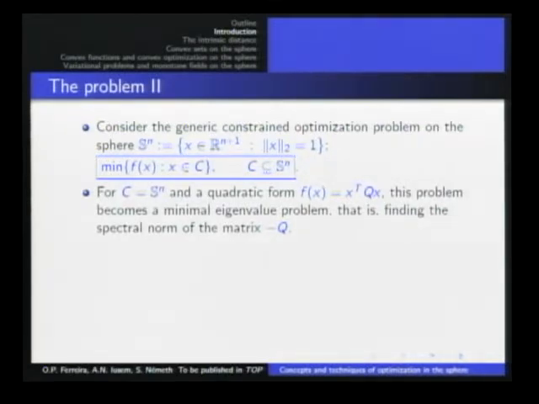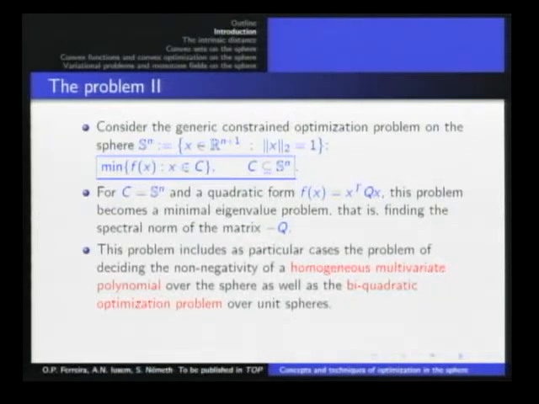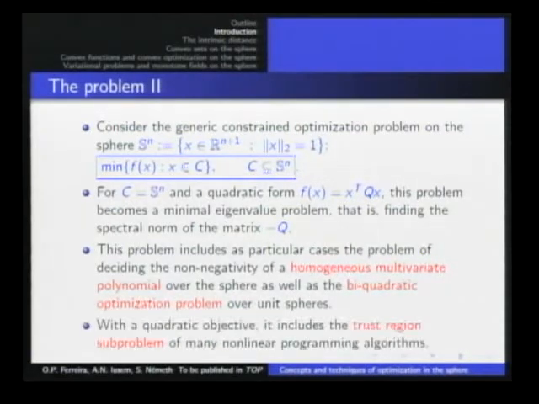For instance, if I take the whole sphere and a quadratic form, this becomes a minimum eigenvalue problem, that is, finding the spectral norm of the matrix minus Q, if Q is the matrix of the quadratic. And this problem includes, besides this quadratic case, problems of deciding the non-negativity of a homogeneous multivariate polynomial over the sphere, as well as the biquadratic optimization problem over unit spheres, and others.